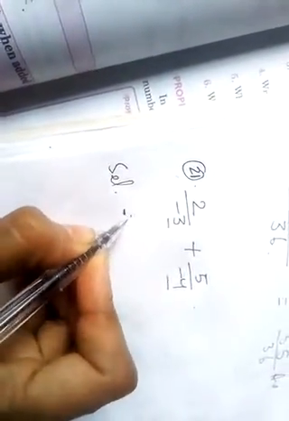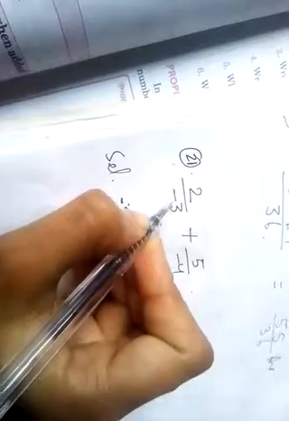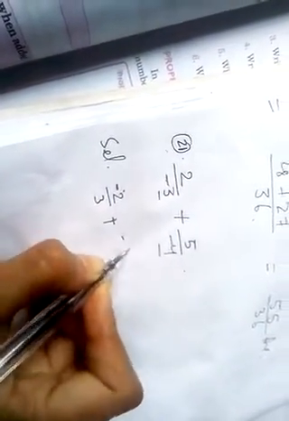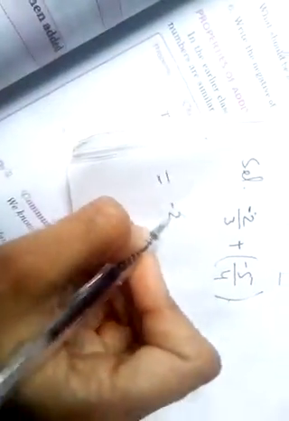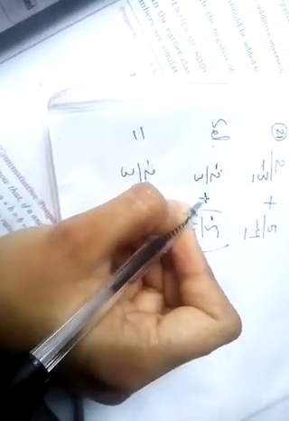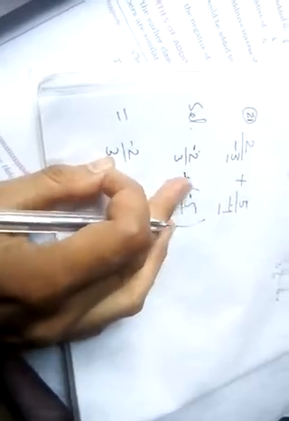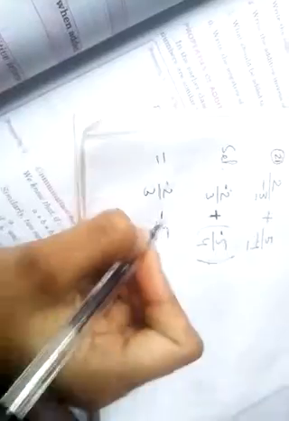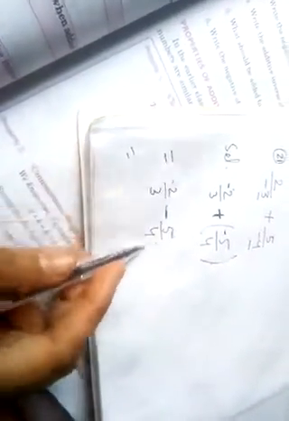How? Minus 2 by 3. I'm shifting this minus to the upside, plus this minus 4 I'm also shifting to the upside. Now it's a minus and it is a plus, so let's simplify it more. Plus minus 5 by 4. Okay, now you will get these numbers.